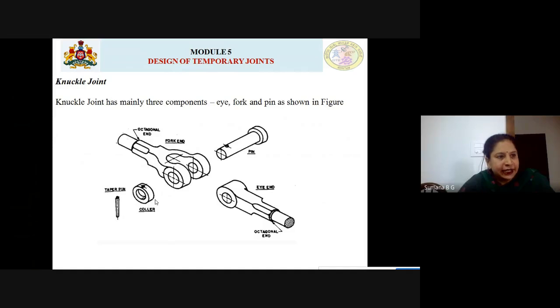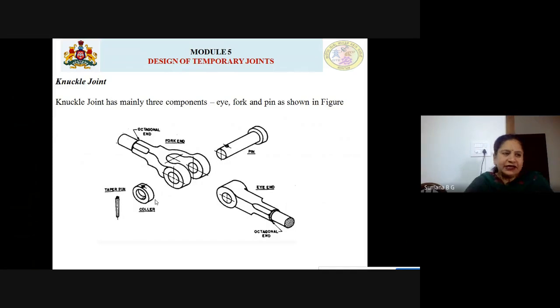This pin is secured in its position by means of a split pin. The ends of the rod are made octagonal for a certain distance for better grip, and made square for the remaining portion before it is forged to make the eye and fork shapes.